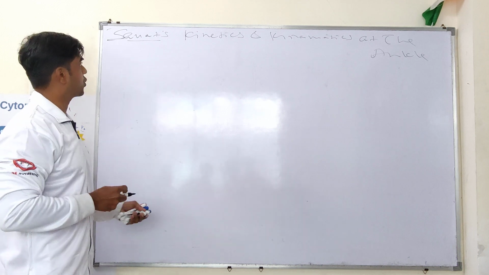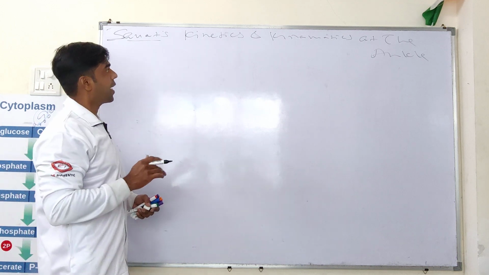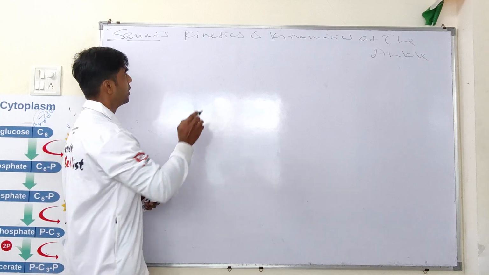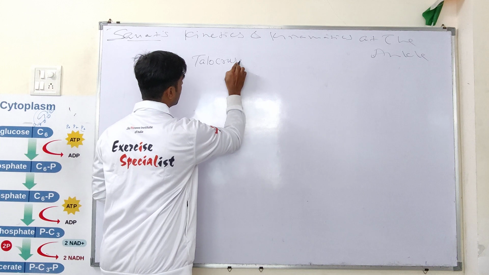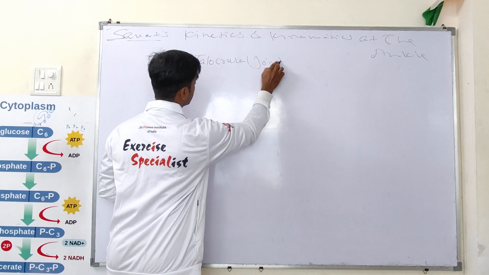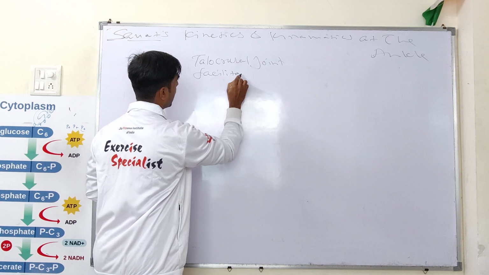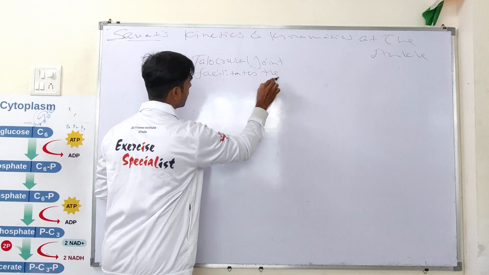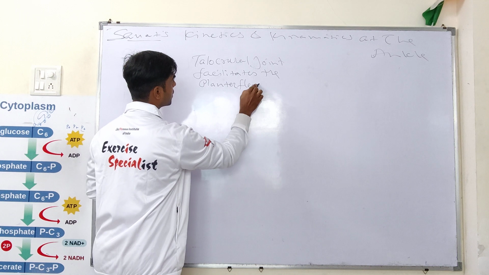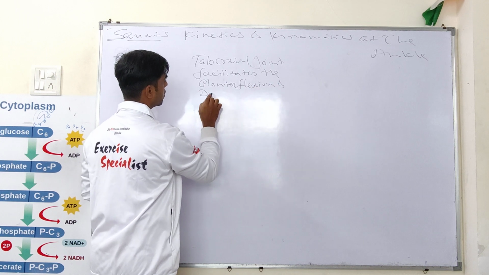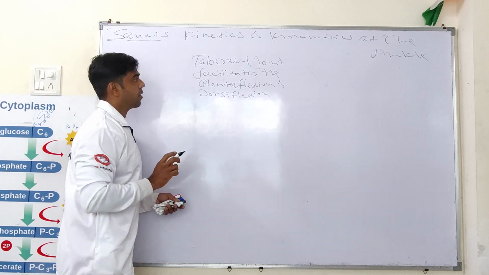So let's draw the ankle joint. Basically, this squatting movement at the ankle is facilitated by the talocrural joint, which facilitates plantar flexion and dorsiflexion, right?